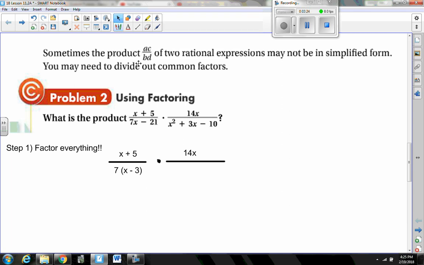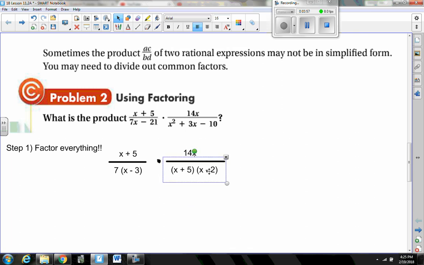So I will factor the bottom by trying to find two numbers that multiply to be negative 10 and add up to be positive 3. Those two numbers would be a positive 5 and a negative 2. So x plus 5 and x minus 2 right there.